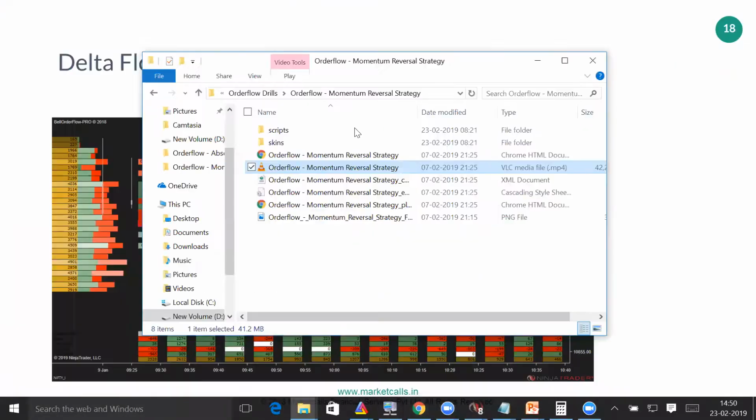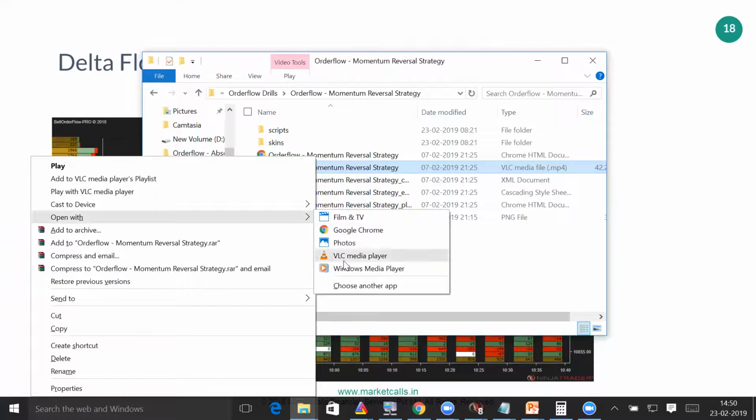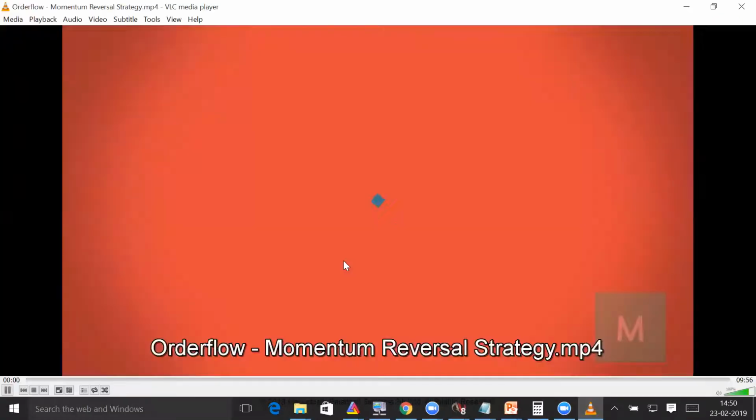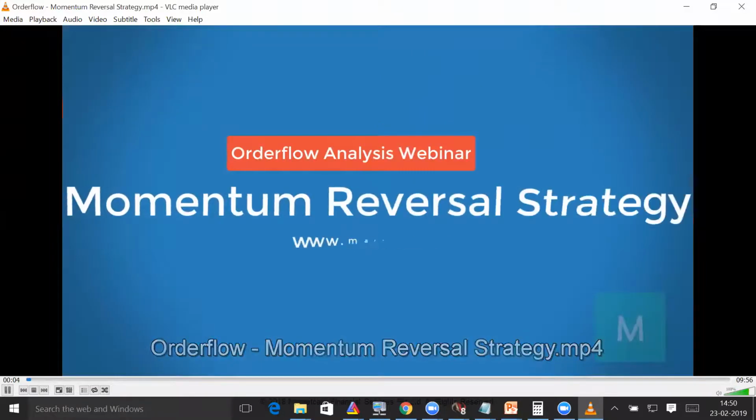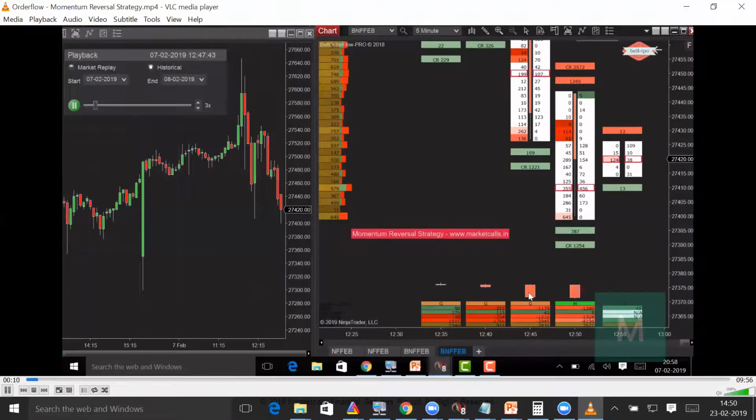Just give me a second. So this is one of the examples for a momentum reversal strategy.